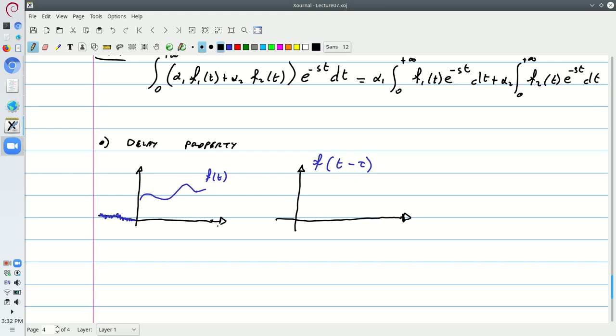So if this is your time axis, your function here is 0 until time t equal to 0, and then it starts undulating like this. In this case, it starts undulating at time t equal to tau.